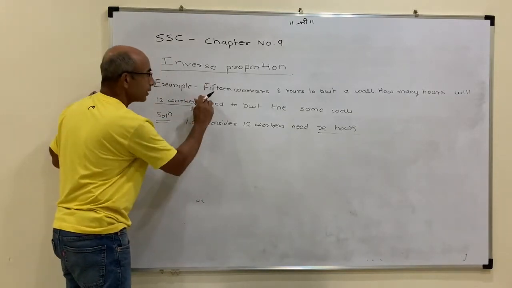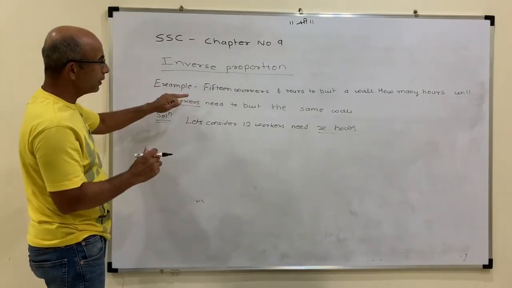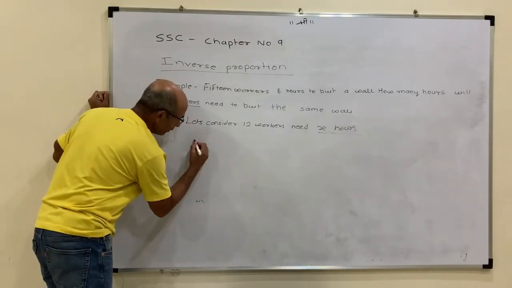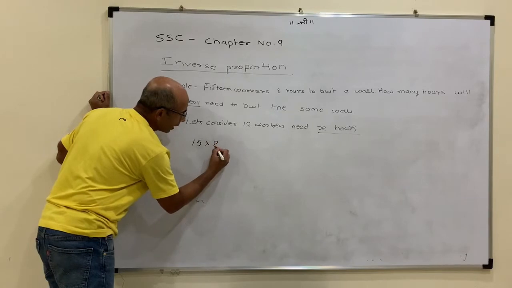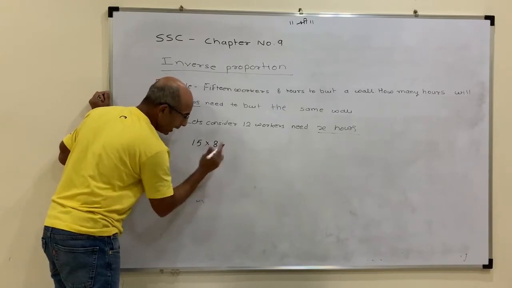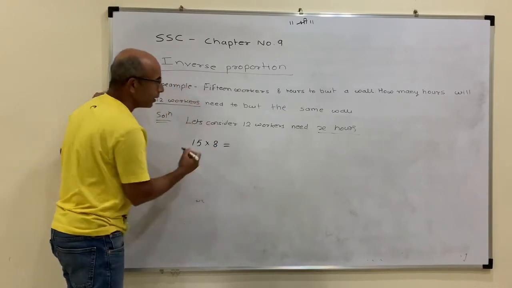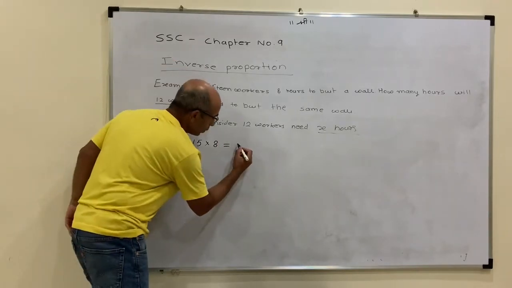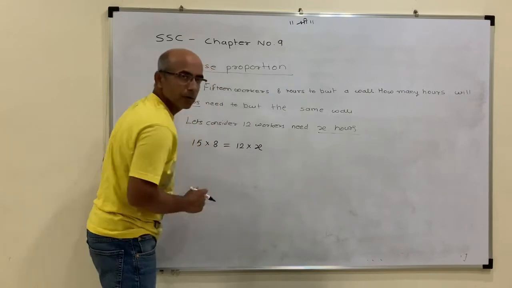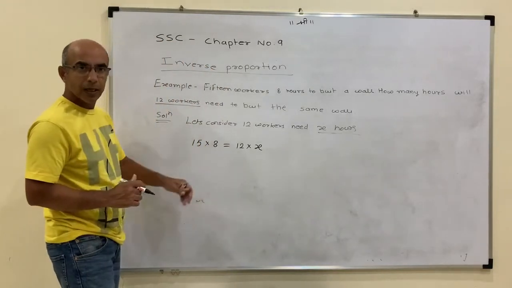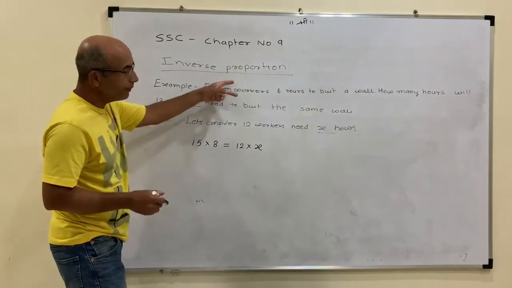So the work which 15 workers do in 8 hours, 15 workers into 8 hours, exactly the same work is done by 12 workers in x hours. So why am I taking the equal sign? Because they are doing the same work.